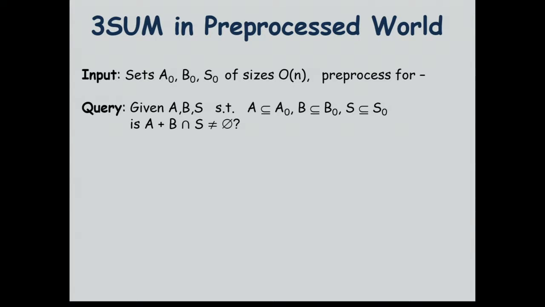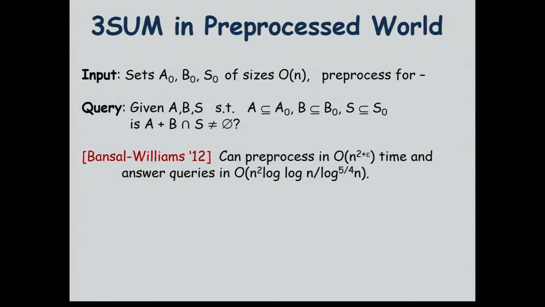And you're asking the regular 3-SUM question: is there an element from A plus an element from B which is equal to an element from S? But you're asking this on a subset of your ground set. So you can do preprocessing work, and the question is: if you preprocess, can you answer these queries quicker than what you do for a regular 3-SUM problem?